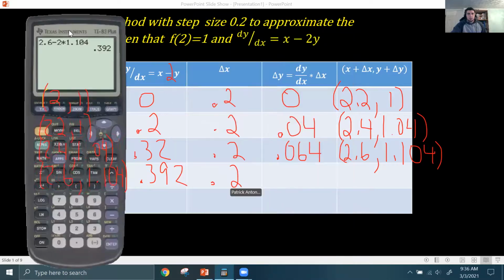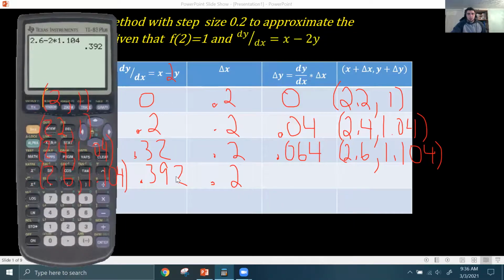And then to get our delta y, you just multiply these two previous values. So 0.392 times 0.2 gives us 0.0784.